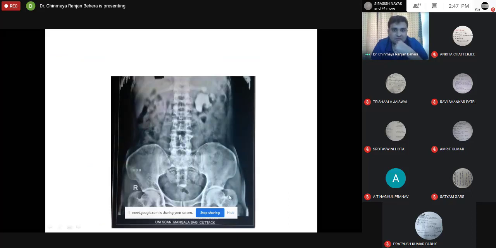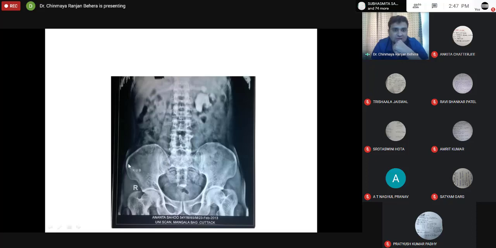Now this is an X-ray. See, this is written here. This is an X-ray KUB. That is kidney, ureter, and bladder. So when KUB is written, you will focus only on the kidney, ureter, and the bladder.